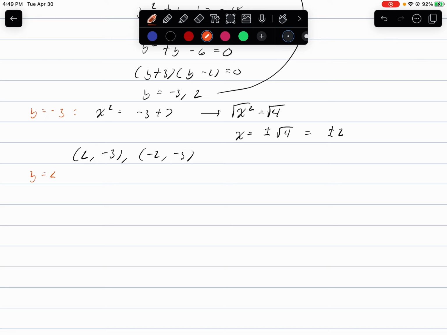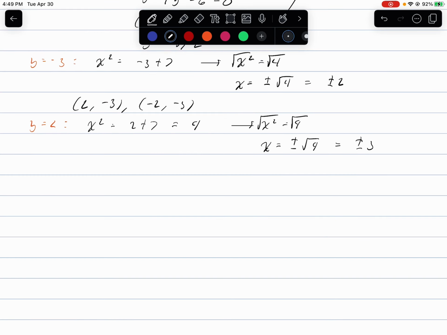So y equals 2, we'll have x squared equals 2 plus 7, which is equal to 9. So x squared is equal to 9. We can take the square root of both sides, and we get x is equal to plus or minus the square root of 9, which is plus or minus 3.